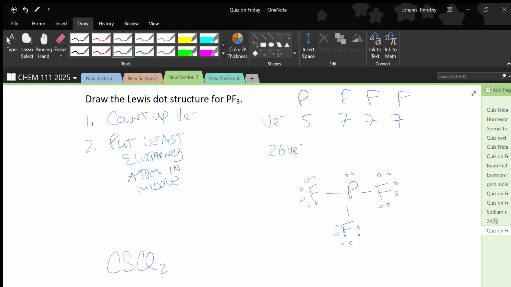This one's farther down and this one's farther to the left. This one is farther to the left, is the way I would do it. Your book actually says just take the one that's farthest to the left. So if you have a tiebreaker, take the one that's furthest to the left in terms of what goes in the middle. So that would be carbon for this one.